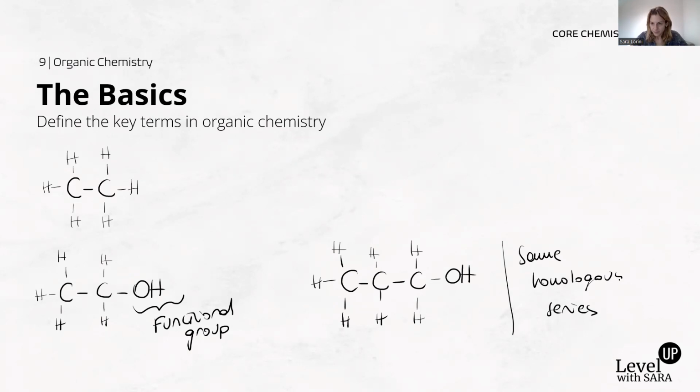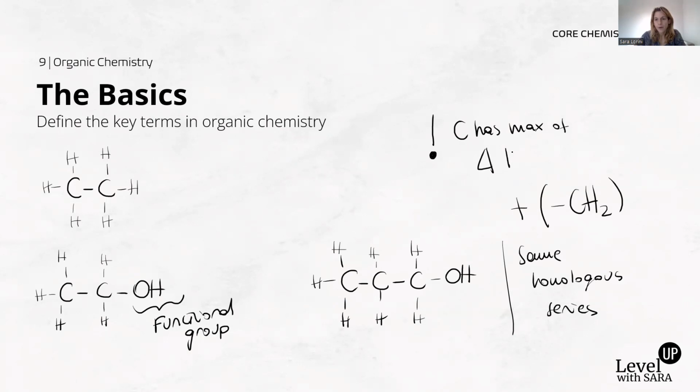Remember that each member of a homologous series differs by one CH2, because carbon, and that's the very important thing that you can never forget, has a maximum of 4 bonds. You cannot ever forget that. It's a maximum of 4 bonds.